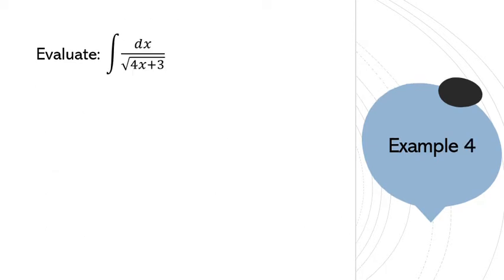Cool. Continuing on, remembering we're flipping and flopping, we're just trying to make that substitution, something where we can replace a string with du and u. Okay, right away I'm just going to rewrite this as 4x plus 3 to the negative 1/2 dx. That's what I've got.